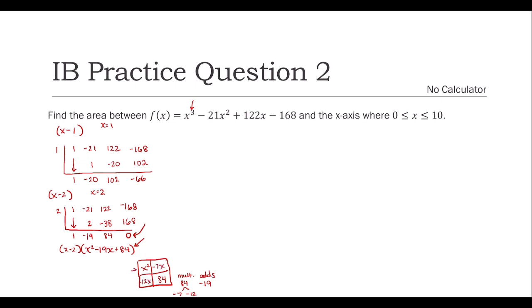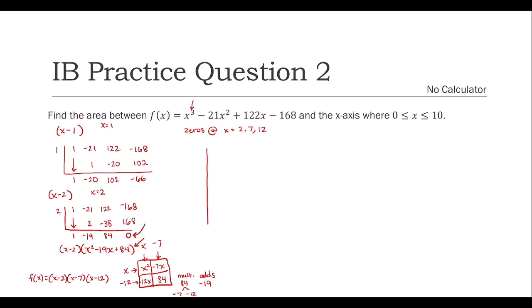Then we'll pull out our greatest common factors. So we have x, negative 12, x, and negative 7. So our f of x equals x minus 2, x minus 7, x minus 12. So this means we have zeros at x equals 2, 7, and 12.